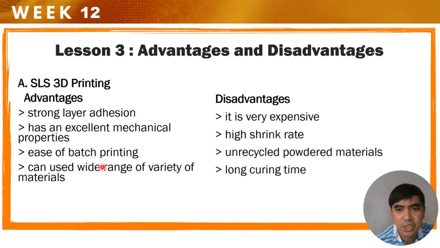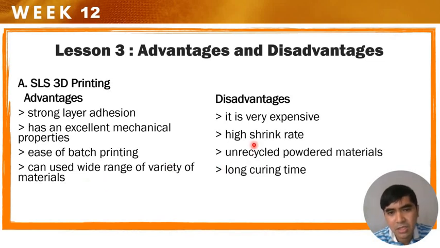Ease of batch printing, because the 3D printer used in SLS is very large, so it can accommodate a batch of parts to be processed. It can be used with a wide variety of materials because the high-power laser beam can melt a variety of materials, even hard ones.